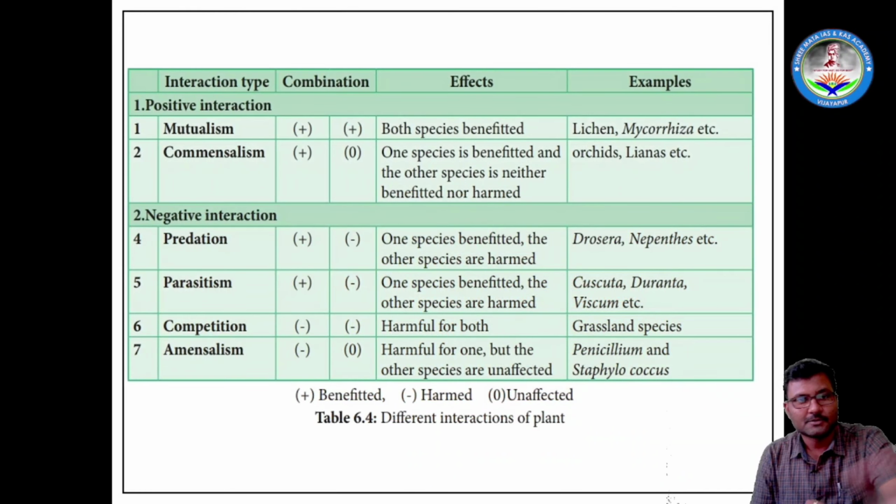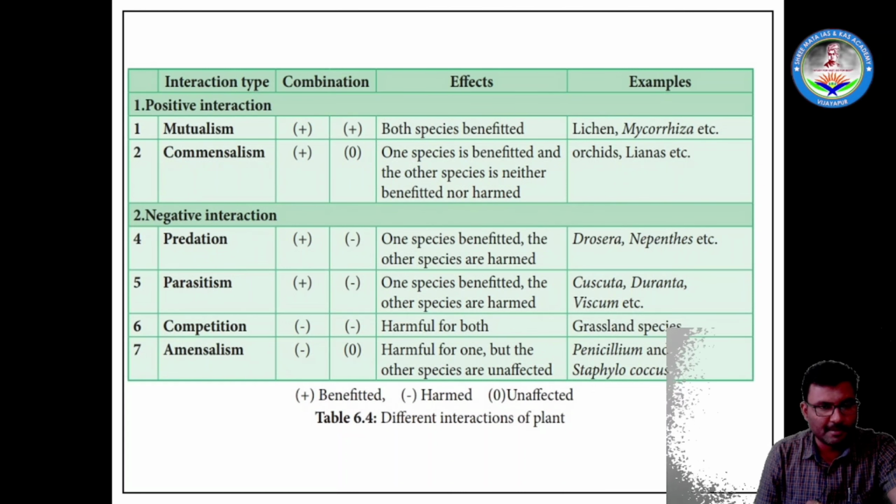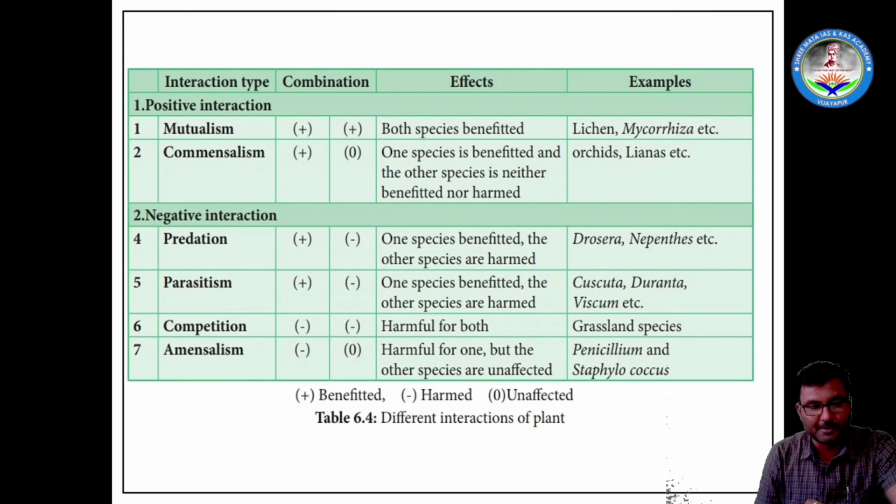Here I have given the account again: mutualism, commensalism, predation, parasitism, competition, amensalism, and the last one is neutralism. In mutualism, both benefit each other. In commensalism, one is benefited and the other is neither benefited nor harmed. In negative interactions, we have mainly four. In predation, one is benefited and the other is affected.